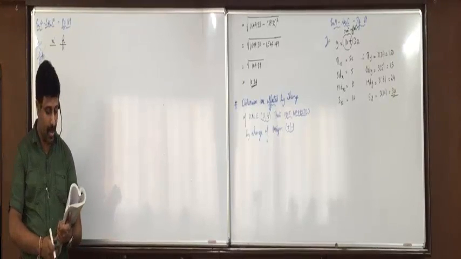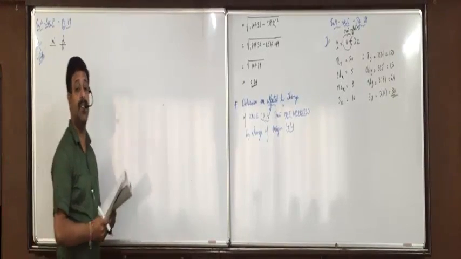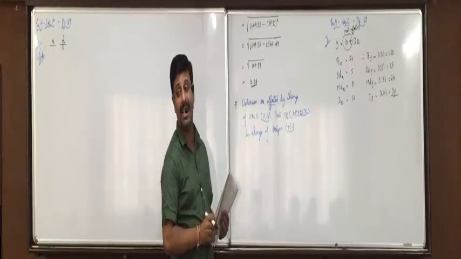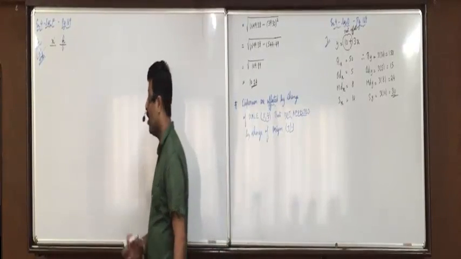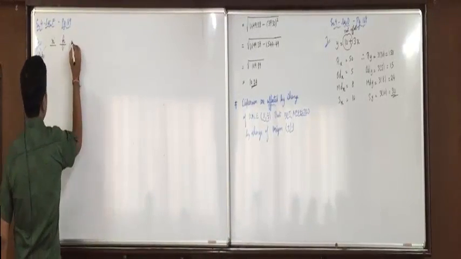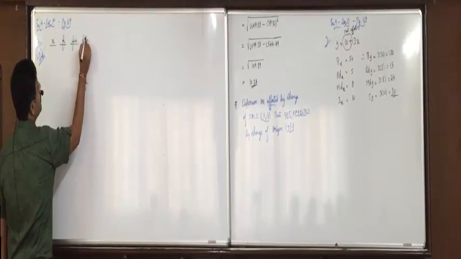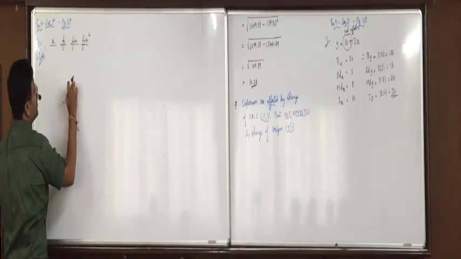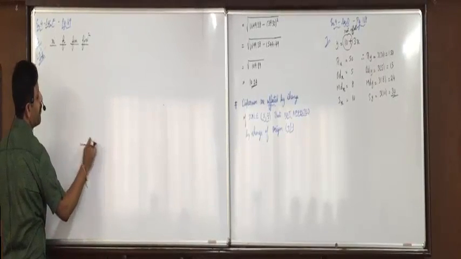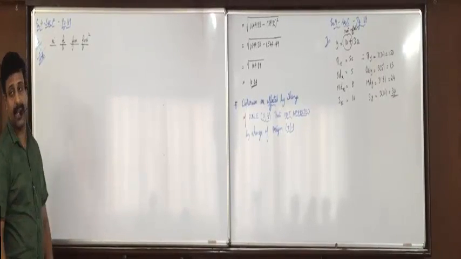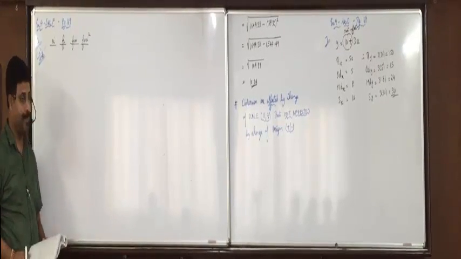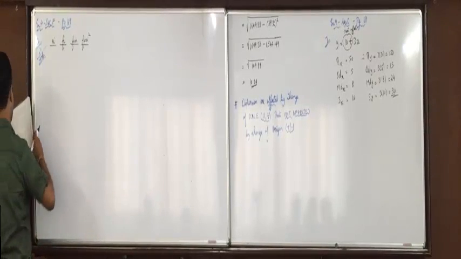Now x bar plus minus s limit we will find. First of all x bar and s will have to be obtained. For finding x bar and s we need the working of fi xi and fi xi square. How do you find fi xi square? Fi xi into xi. So write down the values of xi and fi, everyone.